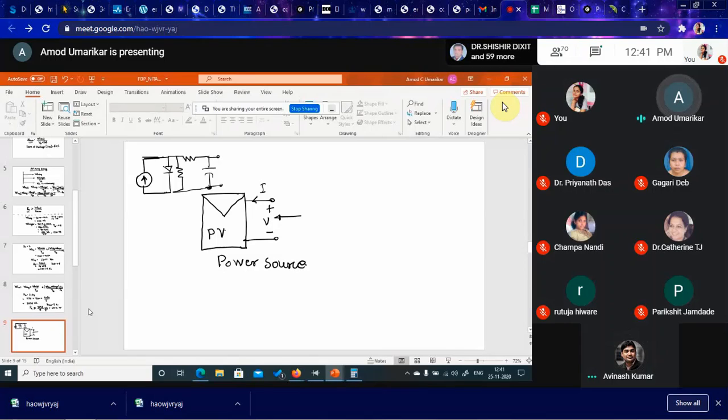So when we consider this as a source, from a source we generally take the current characteristic coming out of it. When we see from the circuit point of view, the first characteristic we study is V and I. So let us see what the V and I characteristic of a solar PV is.